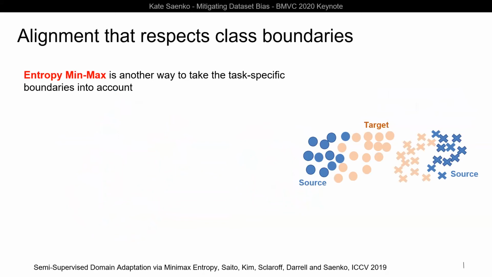All right, so another way that we can do alignment that respects class boundaries is by using what we call minimax entropy optimization. So again, here we have source points. The blue points are source in two classes, and then we have unlabeled target points. We also assume the same two classes, but we have no labels, and there's a domain shift between the source and target.